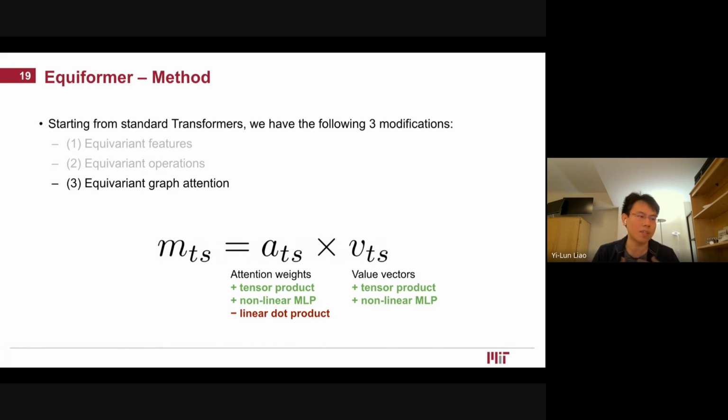And here we add tensor products to both attention weights and value vectors in order to interact different degrees. And we improve upon the standard attention by using nonlinear functions or nonlinear MLPs in both attention weights and value vectors, instead of using the original linear functions such as dot product.